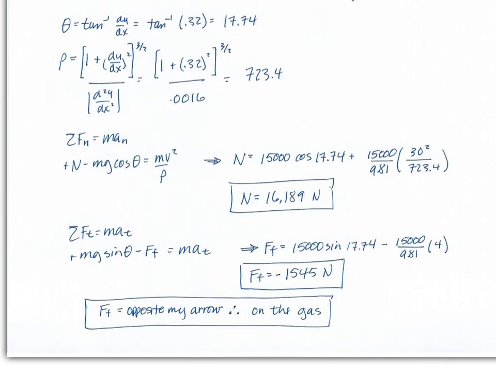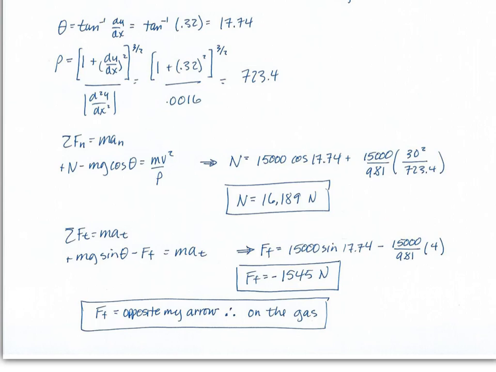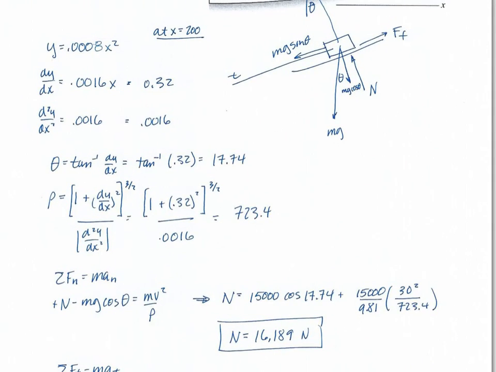So if I sum the forces in the tangential direction, I get positive mg sine theta minus the force of friction is equal to mass times acceleration. In this problem, the acceleration was 4 meters per second squared, and I got the force of friction as a negative number. If force of friction is a negative number, and I drew it going backwards, that means since I resolved it as a negative number, the force of friction is actually going downhill.